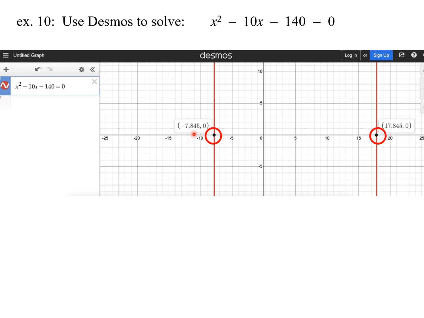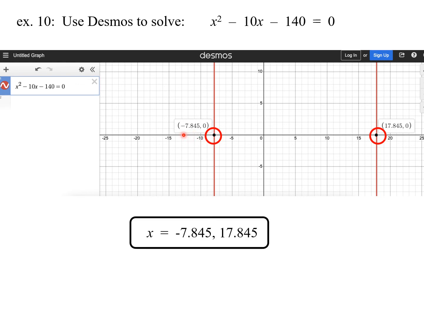So these are the solutions. X equals negative 7.845 and x equals 17.845, which you could also get using the quadratic formula, okay? But we're not going to do that right now. So we can use Desmos to solve this as well, and that's how you do that. All right, okay. So now you are in a position to do some practice problems.